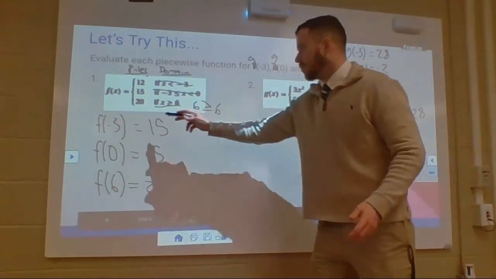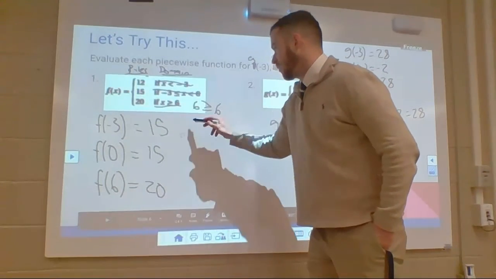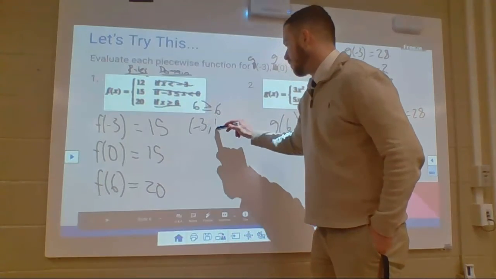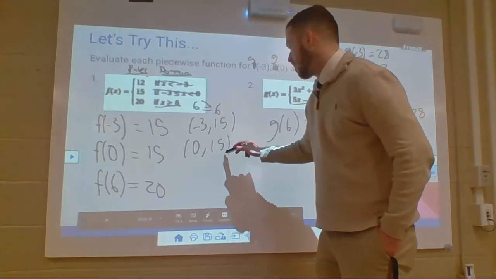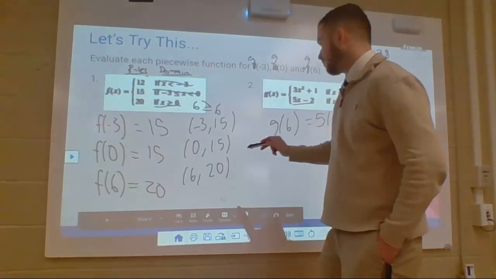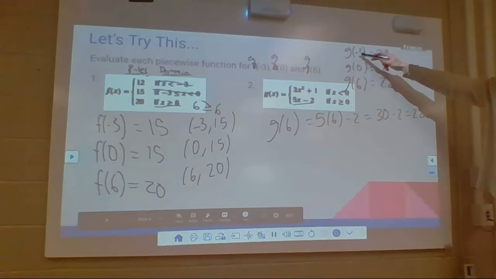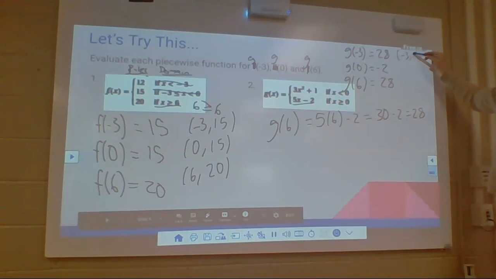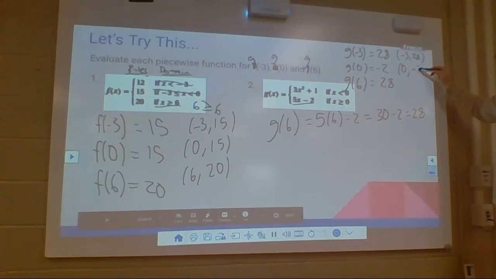The points that we would end up graphing for the step function were -3, 15, 0, 15, and 6, 20. The points that we got for this equation were -3, 28, 0, -2, and 6, 28.